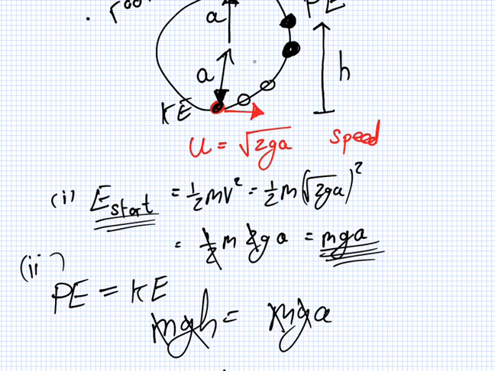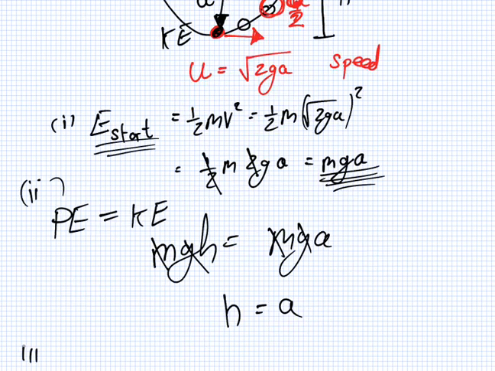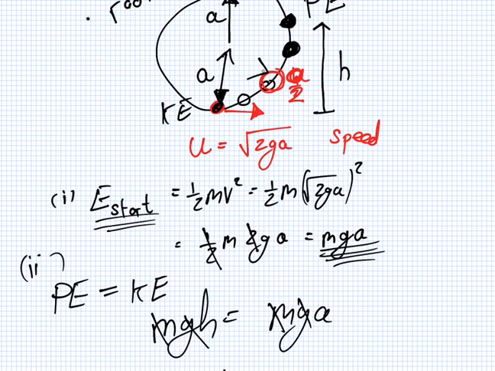And what they'd like to know to finish is how fast is it going when it's here, halfway up, when its height is a over 2. So again we have the energy at the start equals the energy at the end. What type of energy does it have here at the end? Does it have kinetic? Yeah. Does it have potential? Yeah, it has both.